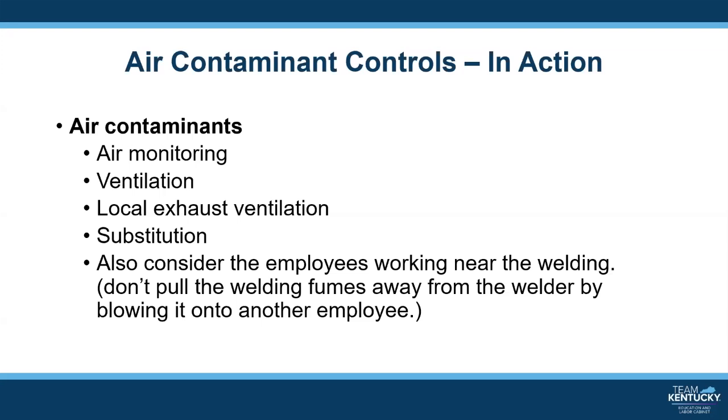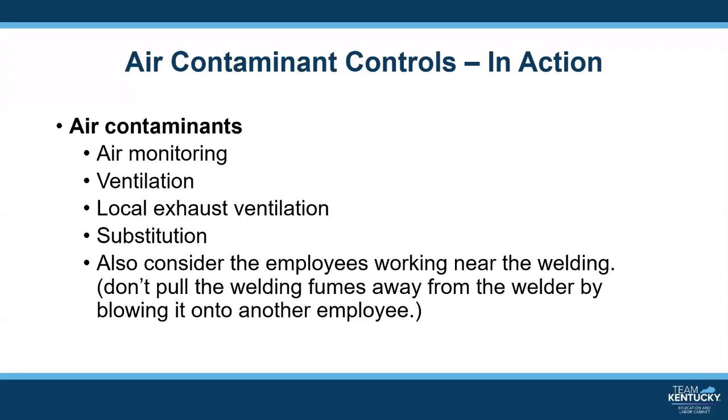If the exposure is above the PEL, then control measures must be taken to reduce the employee's exposure. Certain metal fumes may require additional air monitoring and corrective controls if the exposure level is above the action level limit, which is half of the PEL.